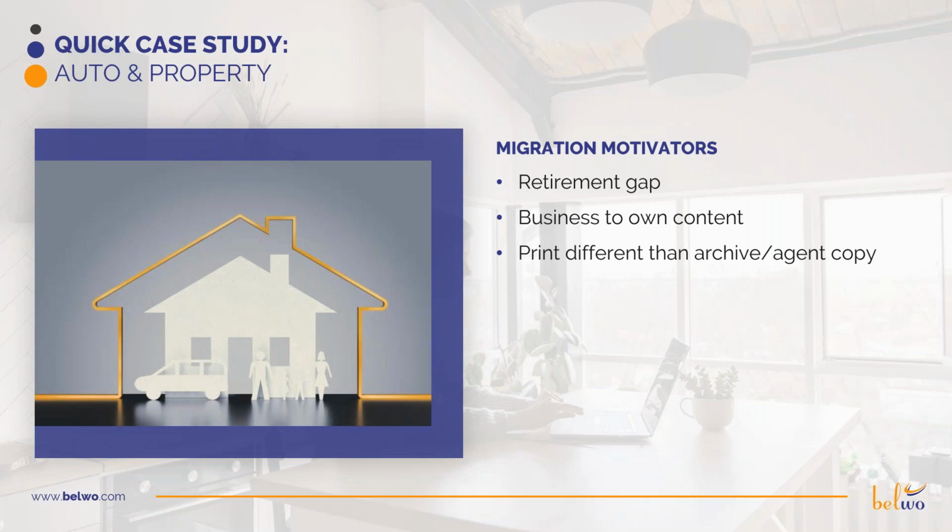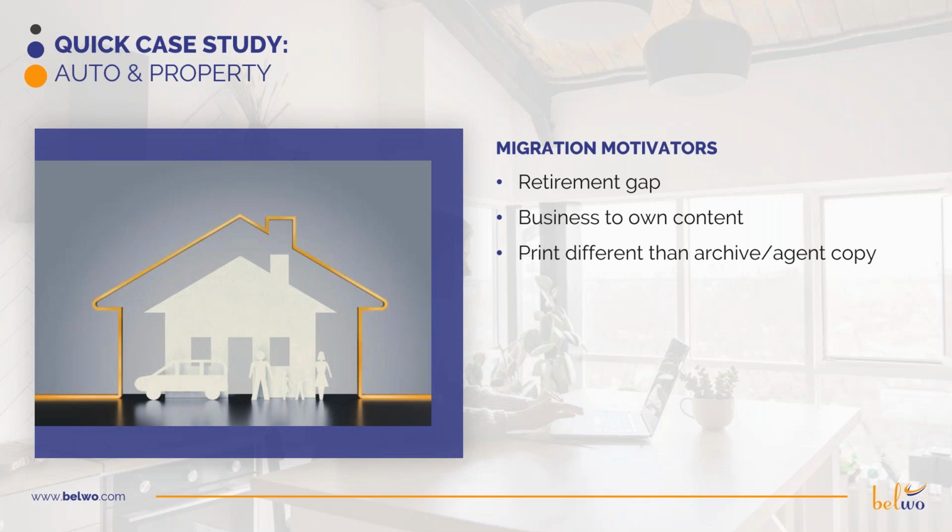Secondly, there was a desire for this insurer for the business to actually own the content, not just to know what the content should be, but to actually have ownership in terms of being able to make edits, to be able to add new content, add new documents, and those kinds of things.